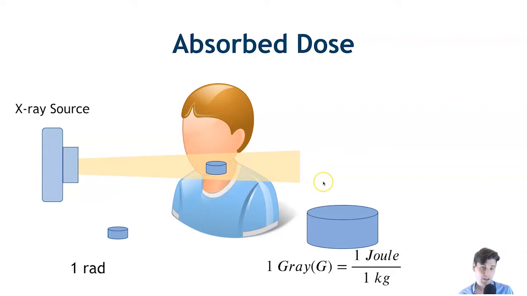The SI unit is the gray, and that's 1 joule per kilogram. And then in radiology, we typically have a fraction of a gray, so we often talk about milligray, which is 1/1000th of a gray. So that's, again, absorbed dose.